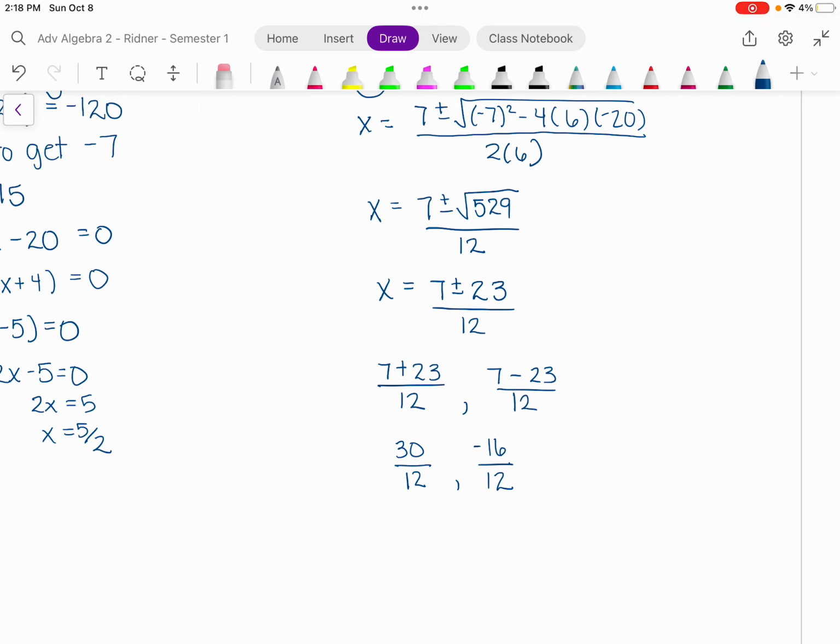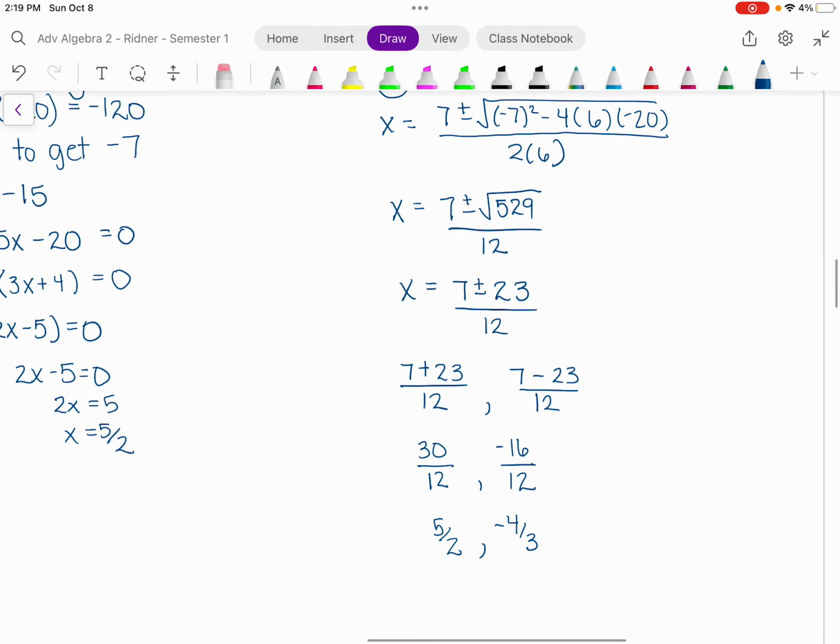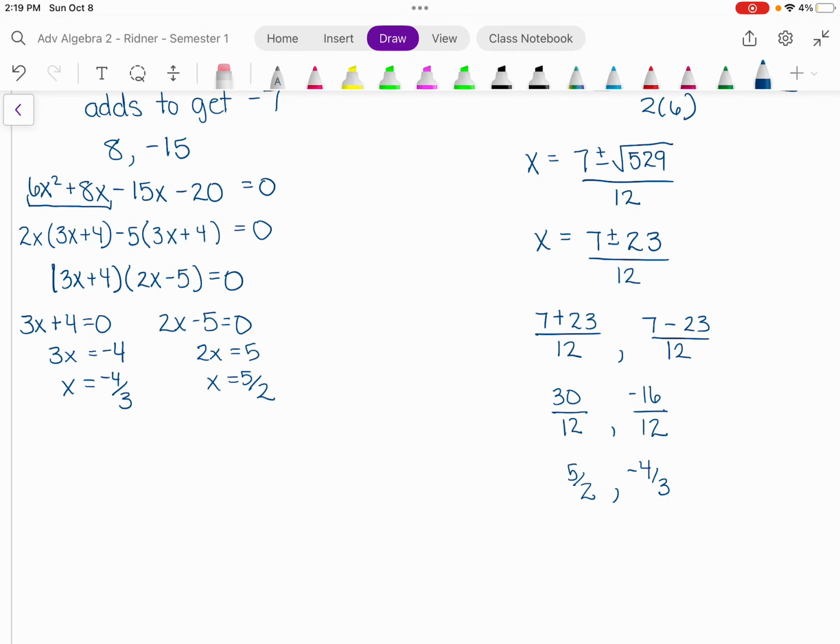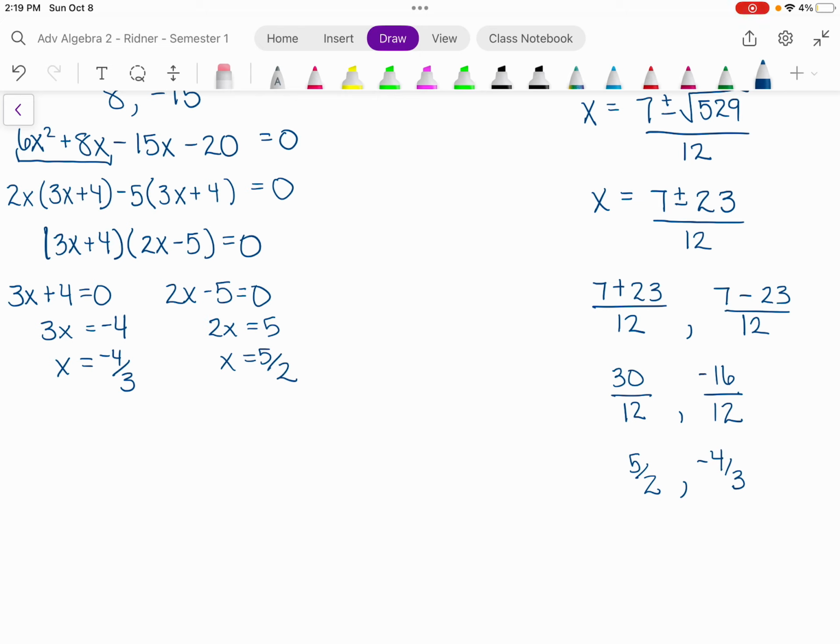Okay. Which then gives me negative 4/3 and 5/2. Which, yay, that does equal the other side. I have found the same answers.